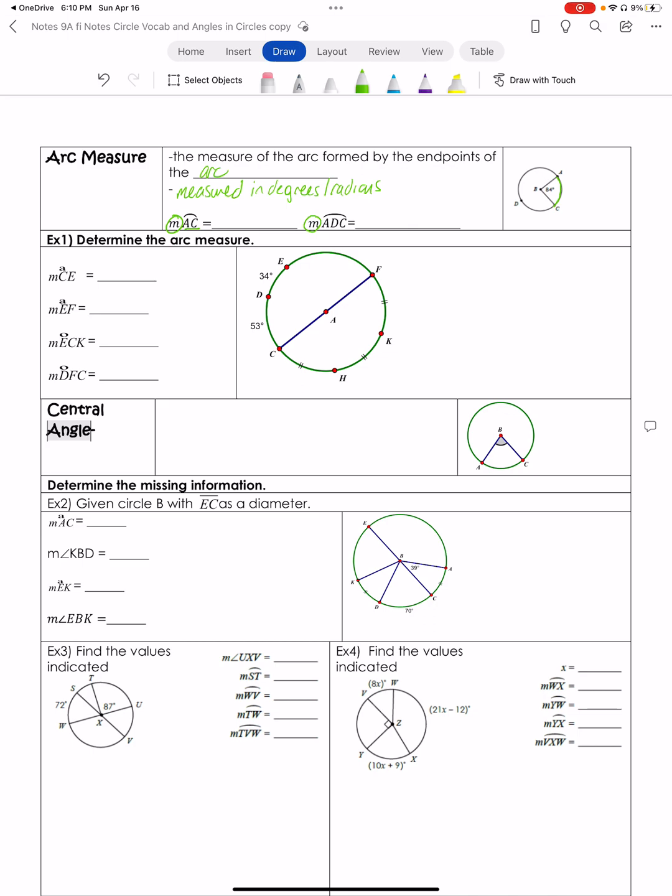We're going to talk about that in a minute, but arc AC is 84 degrees. And then the measure of arc ADC is going to be 360 minus 84, which is 276 degrees.